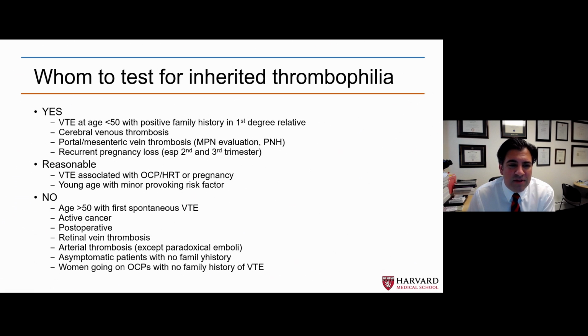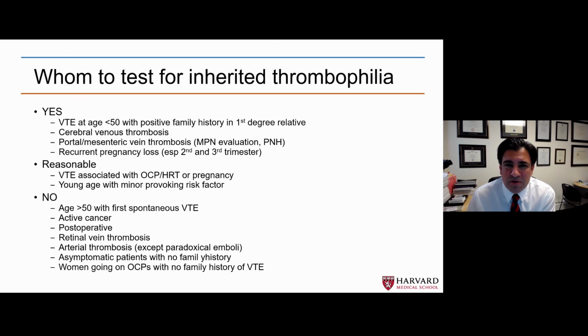And I tend to think about recurrent pregnancy loss, antiphospholipid syndrome, but also we do see this with some of the inherited thrombophilia. It's reasonable in patients who have VTE associated with hormonal therapy or pregnancy. I tend to focus on factor V Leiden in that case, or young age with minor provoking risk factors.